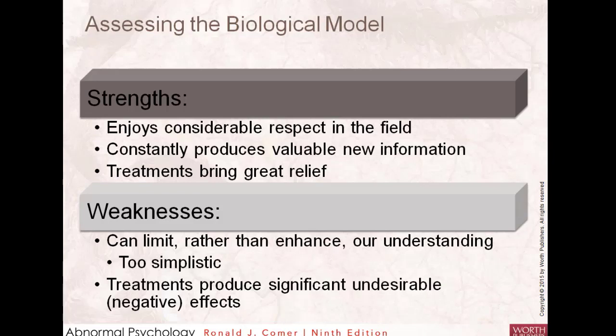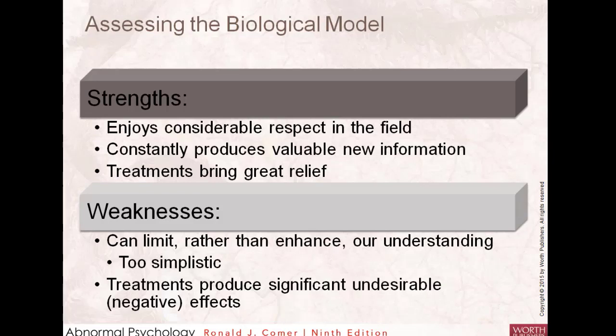Unfortunately, though, no model is perfect. There's a concern that the biological model is too simplistic. So if you're only looking at your neurotransmitters and you're not looking at the environment, the parenting and the peers and the culture, you could be missing some very important influences there. And then also, these treatments can have negative effects. So obviously, neurosurgery and electroconvulsive therapy, but also drug treatments.